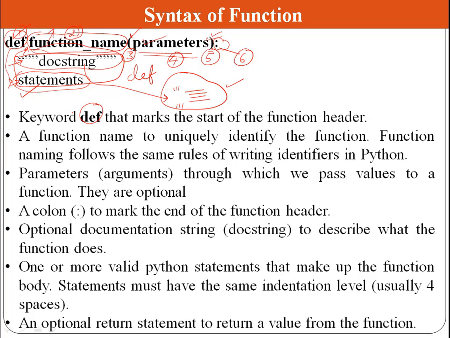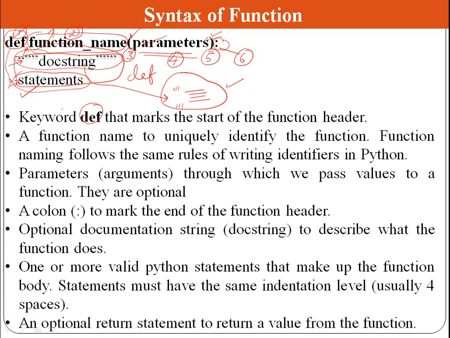Then parameters, in other words arguments, through which we pass values to a function. They are optional. There can be no arguments, one argument, two arguments, and so on. It depends upon the specific task you want this function to do. Then a colon marks the end of the function header.